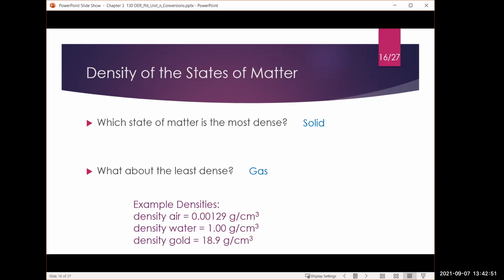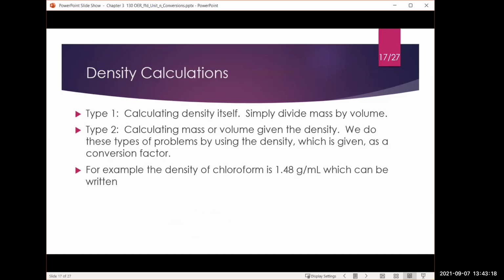Gold would just drop to the bottom of the container. Anything with a density less than 1 will float. That's why ice floats: the volume of a set amount of water expanded, and the ratio got less than 1, so it floats.